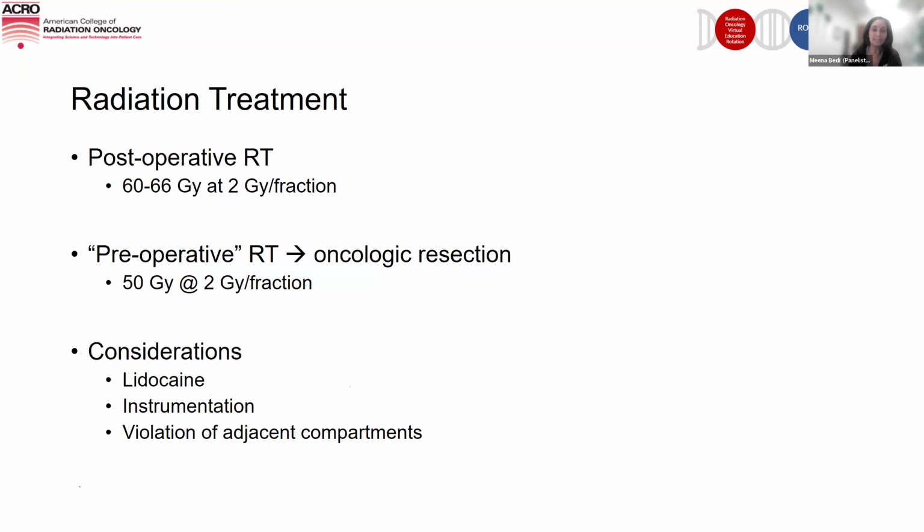But again, when you're planning your radiation, you have to really take into consideration: did they use lidocaine? What was the instrumentation? Did they violate the adjacent compartments? I had one case where they presumed the patient had a lipoma of the bicep and a lipoma of the thigh. They resected the thigh lipoma, and then with the same instrument went in and resected the arm lipoma.